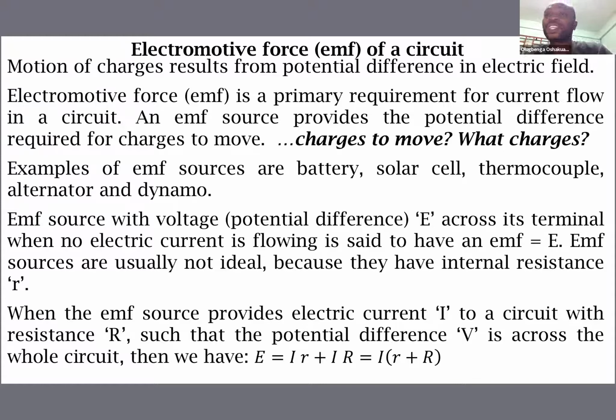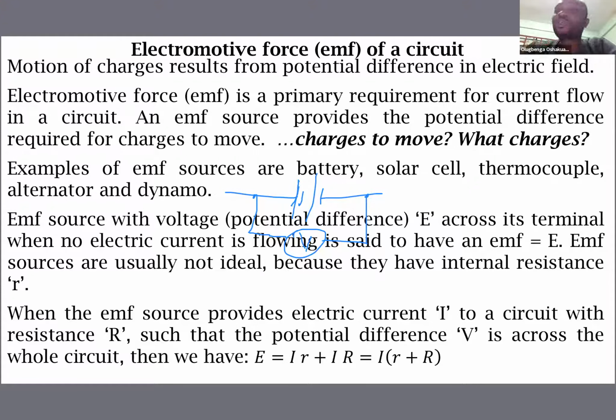So when your battery is not issuing out any current and you connect your voltmeter across it, what you are measuring is the EMF, the electromotive force.